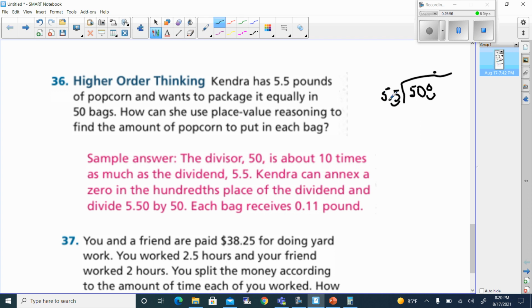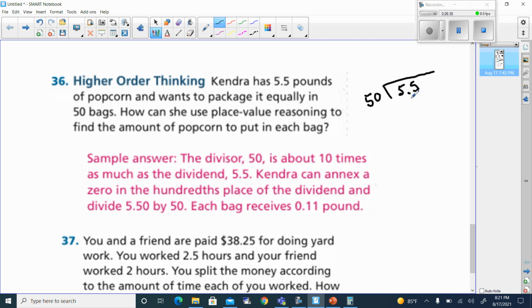And that's going to go in here about 11 times, right? Close to 11 times. Actually, I think we're talking the money divided by the bags. We have to do this the other way around, aren't we? Yes. We're going to have to take 5.5 and divide it by 50. That makes more sense. Okay.